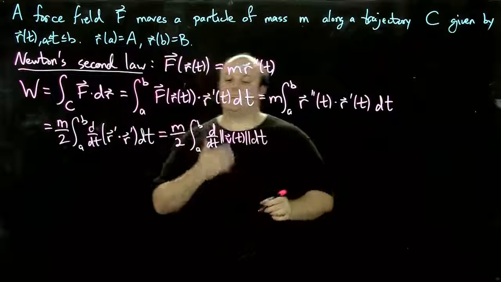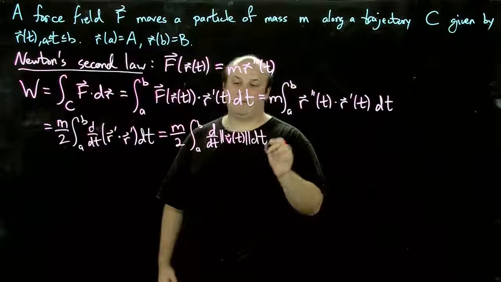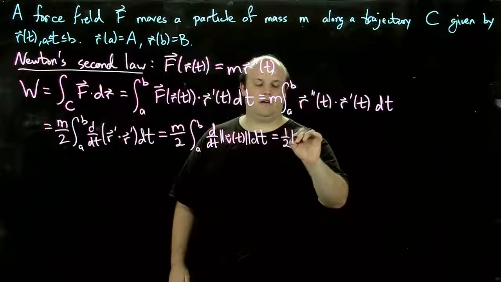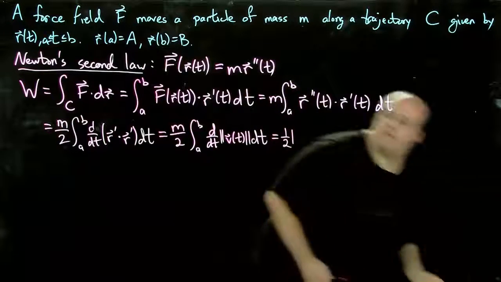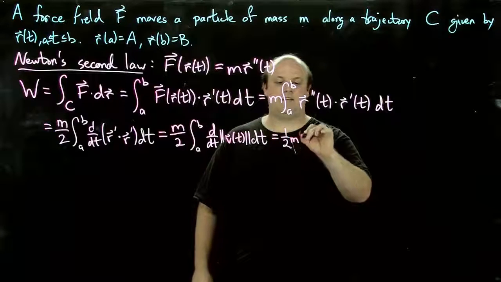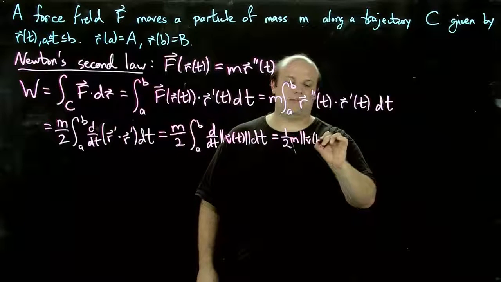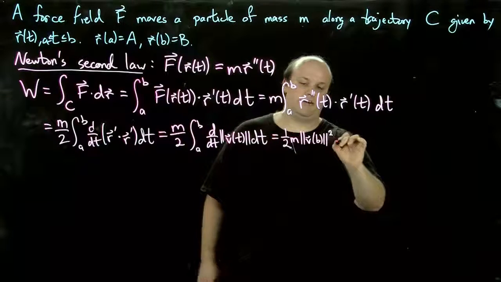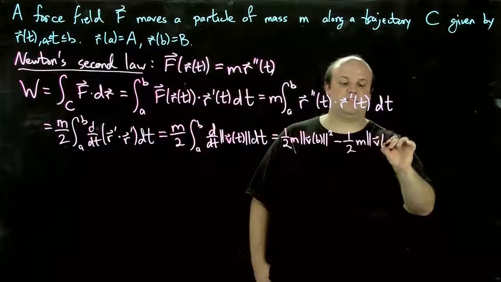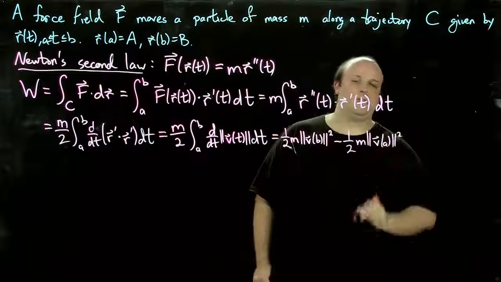Okay? So when we do this integral by the fundamental theorem of calculus, we get 1/2 mass times the magnitude of velocity at B squared minus 1/2 mass times the magnitude of velocity at A squared.